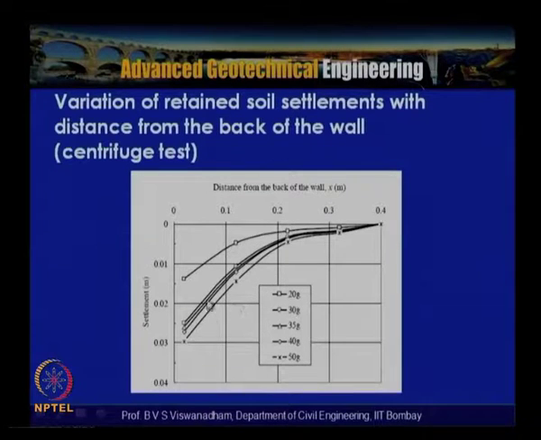This is the variation of the retained soil settlements with the distance from the back of the wall. You can see that at 20g, 30g, 35, 40, 50g, the settlements continue to increase. These are the crest settlements, and these are the settlements away from the crest of the wall.